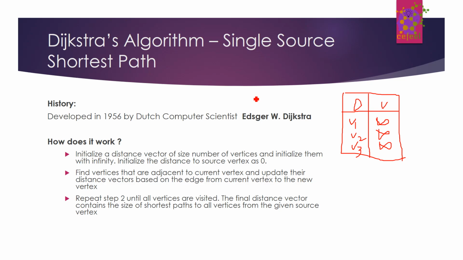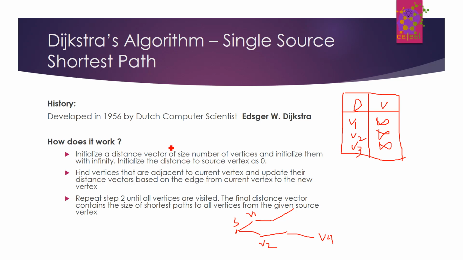In the subsequent steps, from the given source vertex, it tries to explore the other vertices. Let's say v1 here, we have v2 here, and we have v4 here.